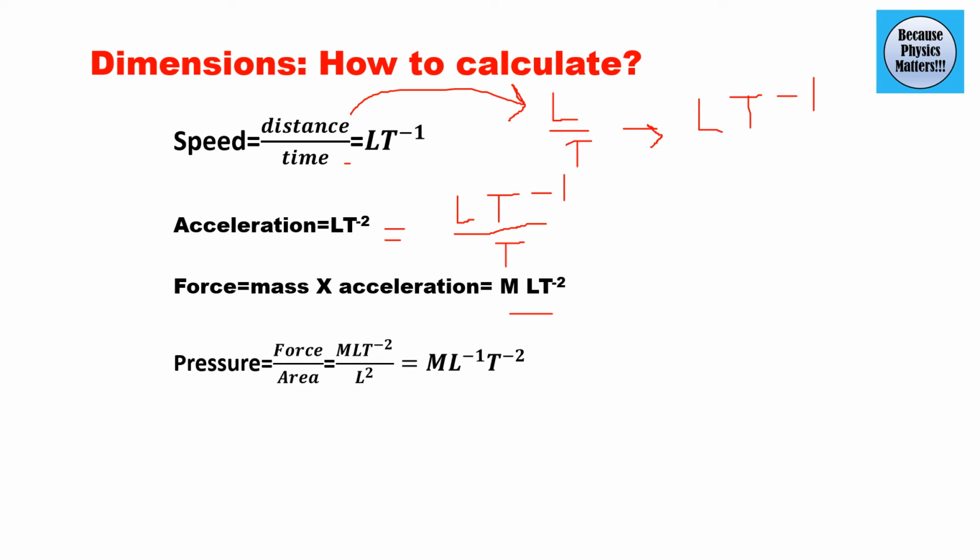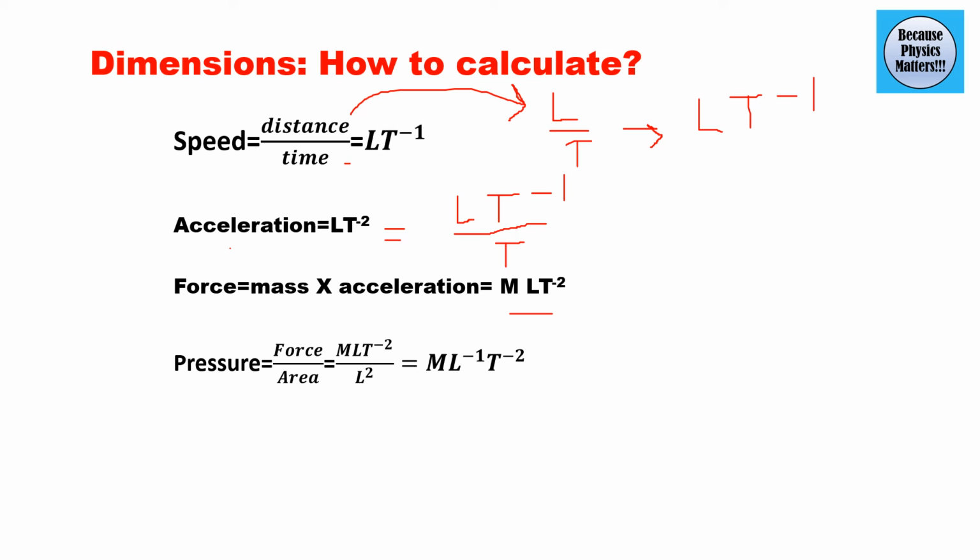Similarly, pressure. Pressure is equal to force per unit area, or force by area. I have specially taken these quantities which are interrelated. For example, acceleration is related with speed, force is related with acceleration, pressure is related with force. For force we have calculated the dimension MLT minus 2.